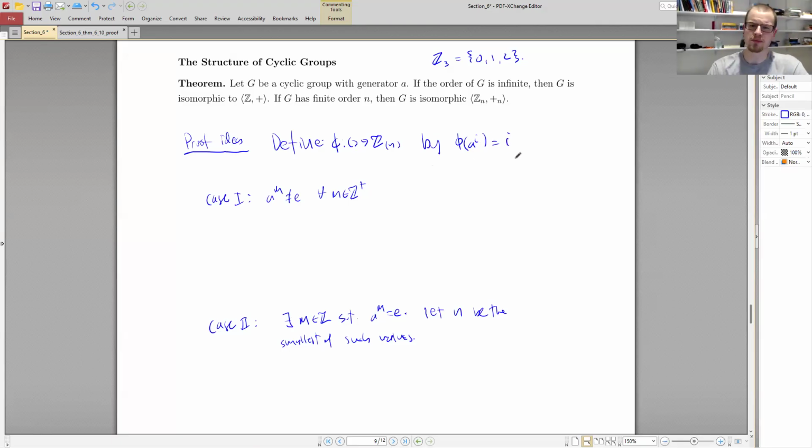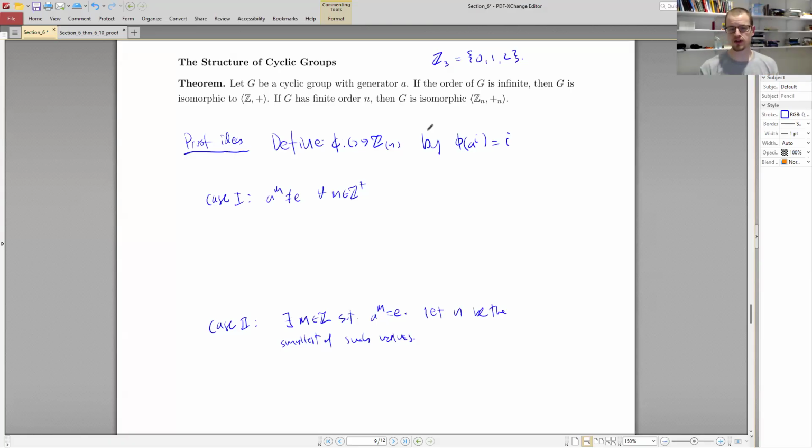Normally you would probably think of it as defining phi of i as a to the i and going from Z to G, which would be fine as well for the most part. I'm not sure why they don't go about it that way in the book, but I think the concern is more about whether or not the function phi is well defined, which is of great interest as we approach the proof from the textbook.